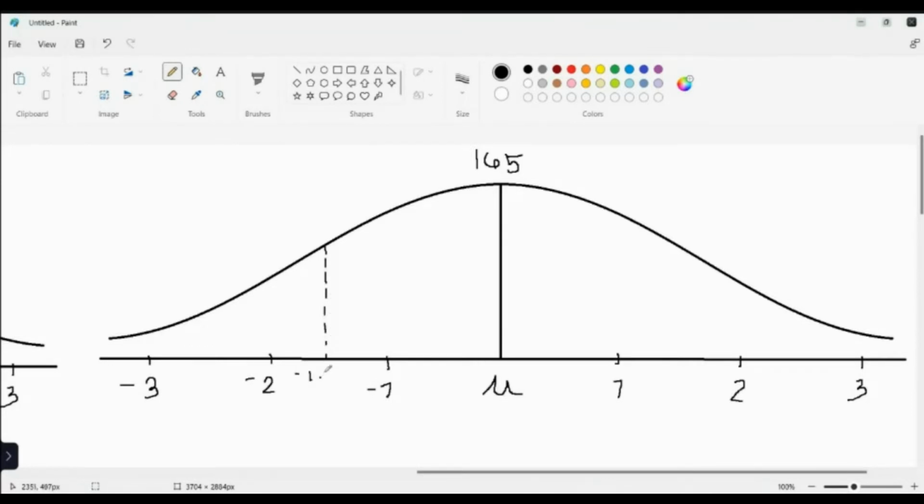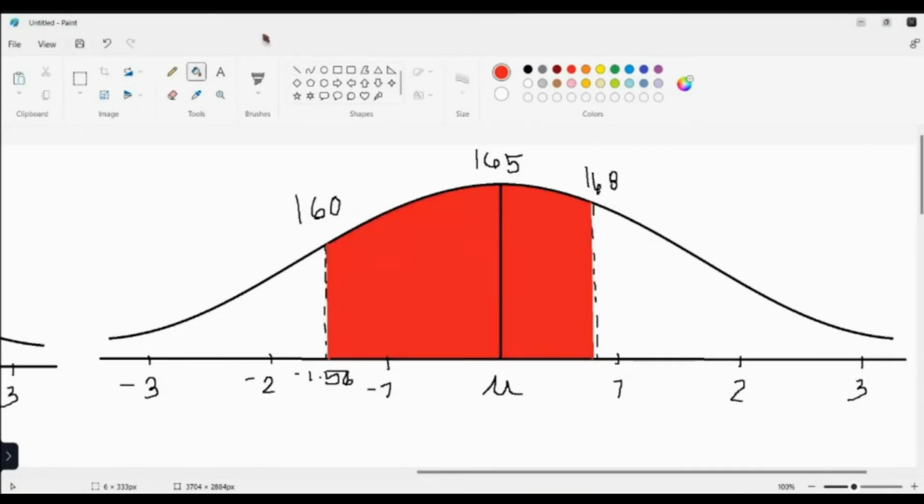This is 160. And the other one is 0.94. This is 168. Okay, so we are looking for a number of students taller than 160 but shorter than 168.